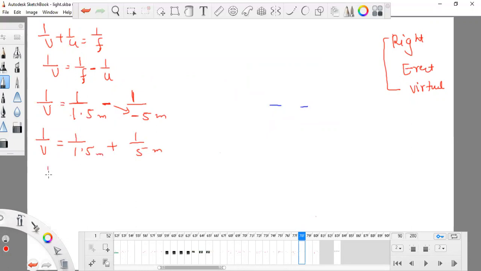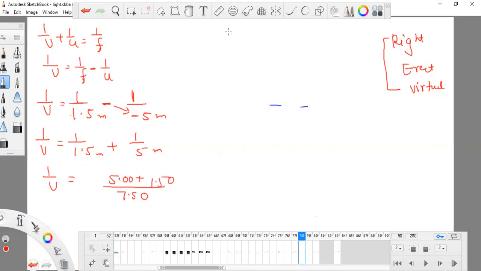Now you just need to calculate this by taking the LCM, whatever you do. I'm taking the LCM, that is 7.50 for both of these. You can find out how I take it. I'm not going to tell you how to take the LCM. So by doing this, I will get 13.8 is not the correct answer. 5.00 plus 1.50.